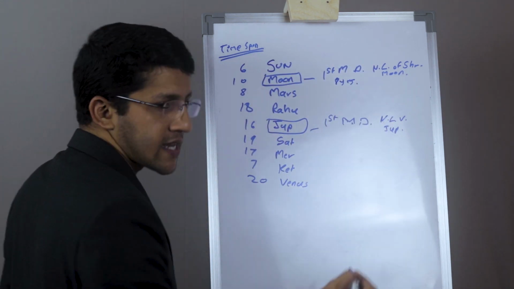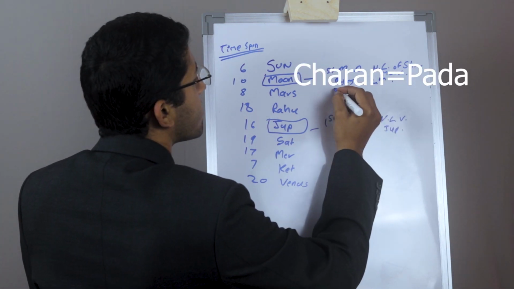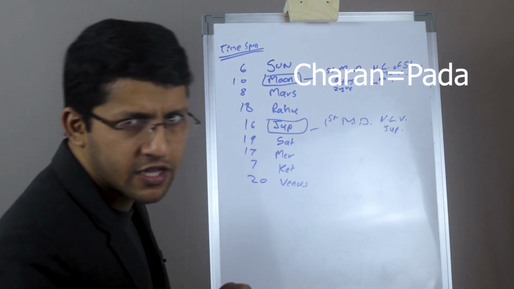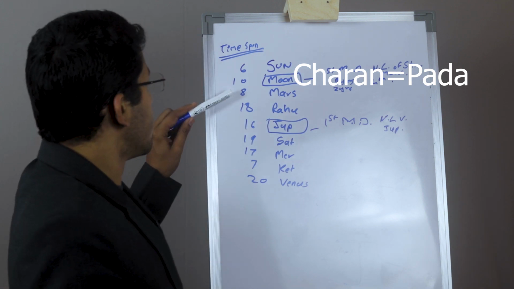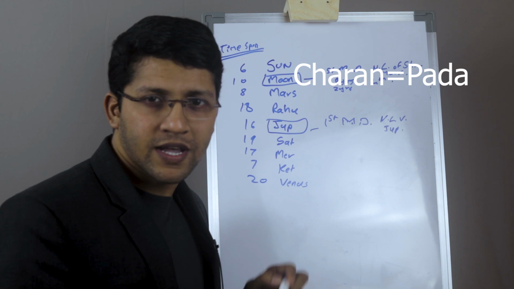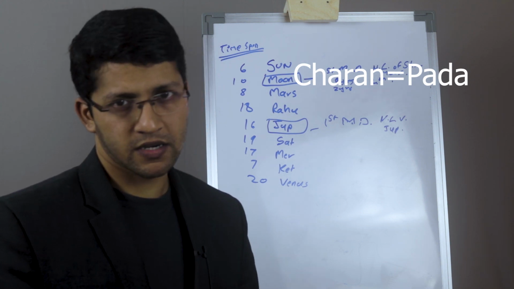As against, if you're born in the fourth charan, you might have only 2 years of Mahadasha of moon left, and after 2 years you will start with Mars, Rahu, and so on. So the charan of the nakshatra determines the balance of the dasha.